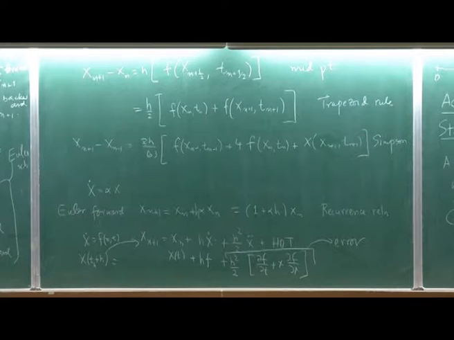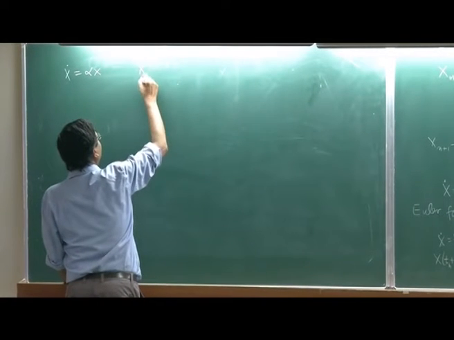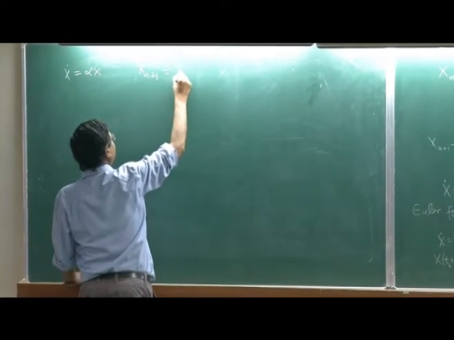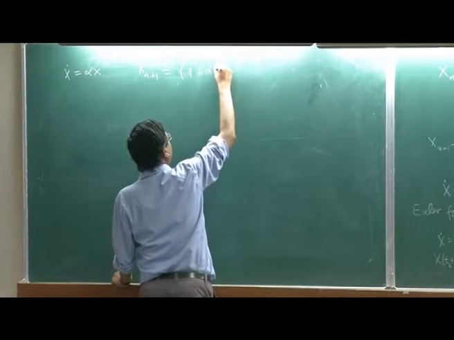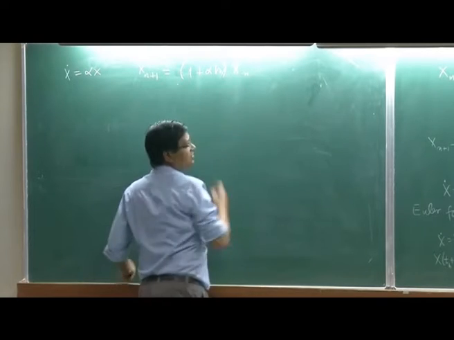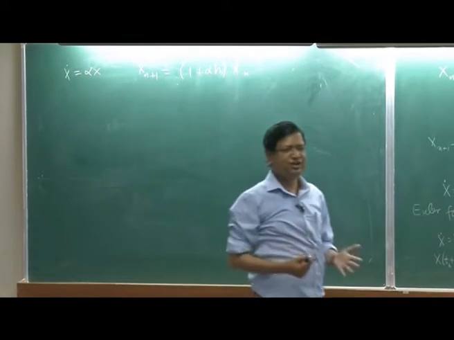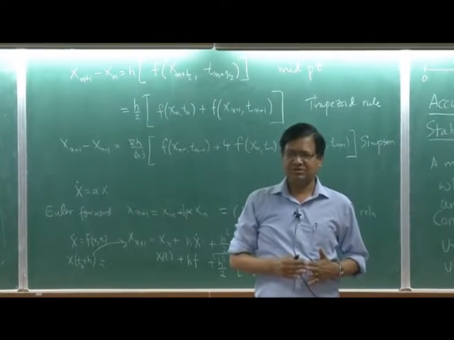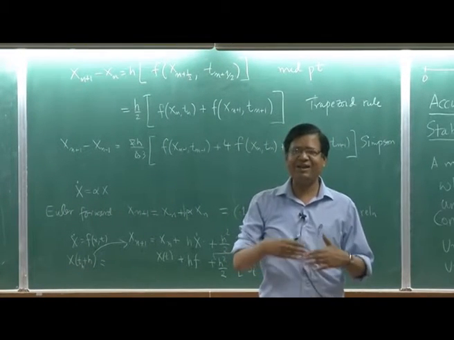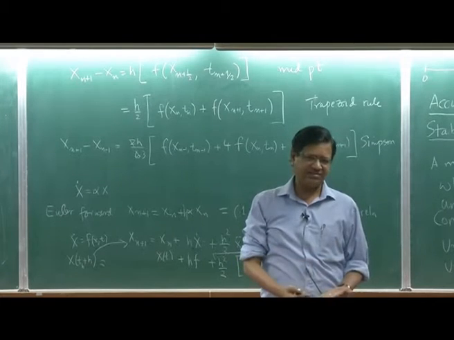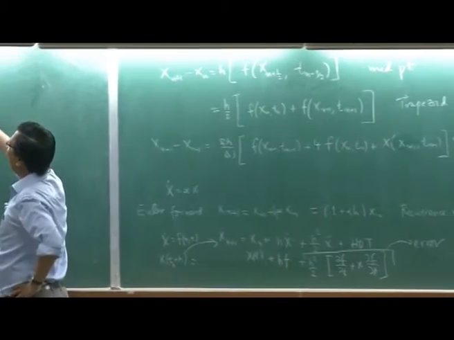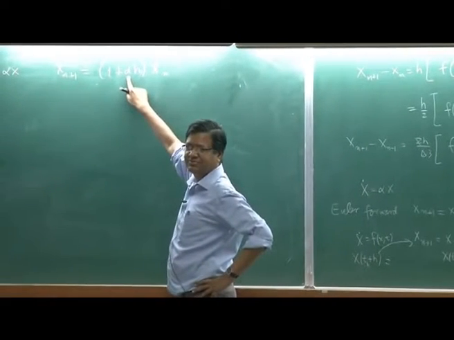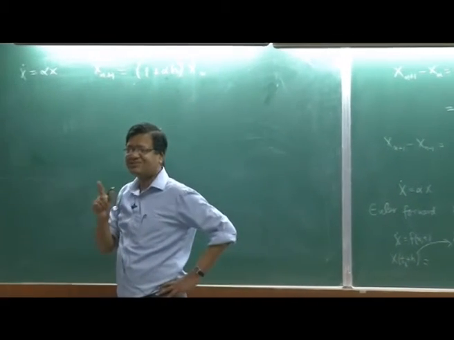I showed that my equation is x n plus 1 is, and so the stability for a scheme. I am talking about the Euler forward scheme. Every scheme will have this analysis. Now for alpha negative, remember, we have to test only for alpha negative.